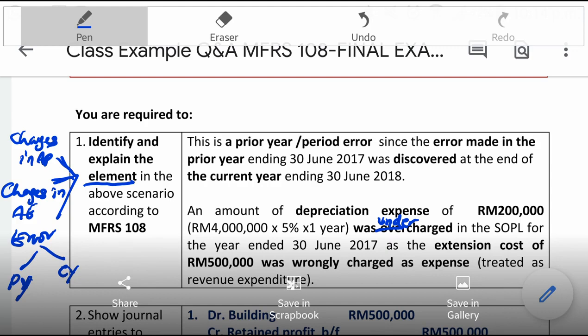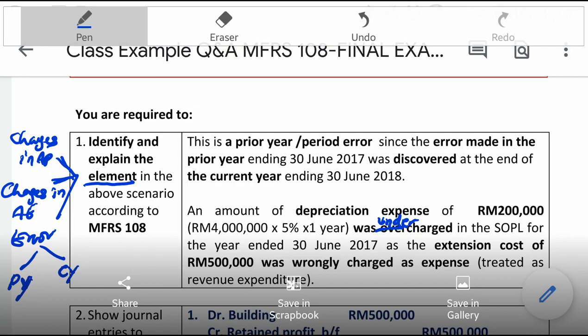So let's see what we have here. In our case just now, we discover that the extension of the building was wrongly charged as an expense, and that mistake or oversight or misstatement was actually done in the prior period.